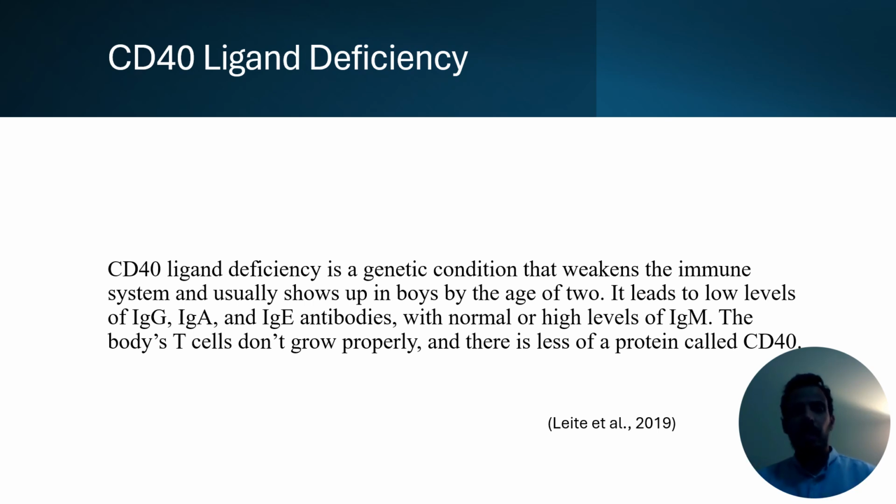The deficiency occurs because the body's T cells do not function properly and fail to express adequate levels of CD40 ligand, which is a protein necessary for B cells to produce different types of antibodies, and this limits the immune system's ability to fight infection effectively.